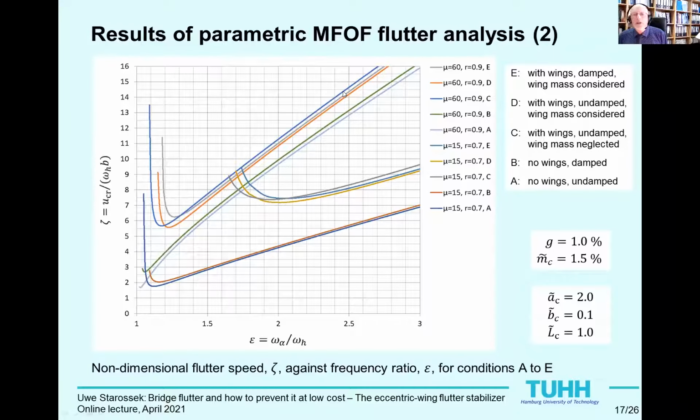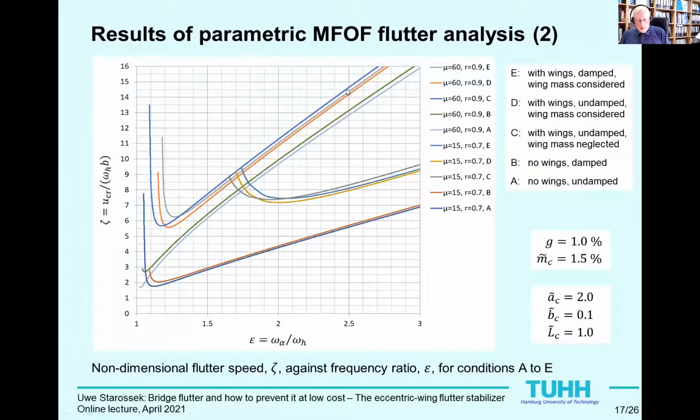The curves labeled C, this one and this one, are obtained when neither structural damping nor the masses of the wings are taken into account, and the curves labeled E, this one and this one, result when both are taken into account.